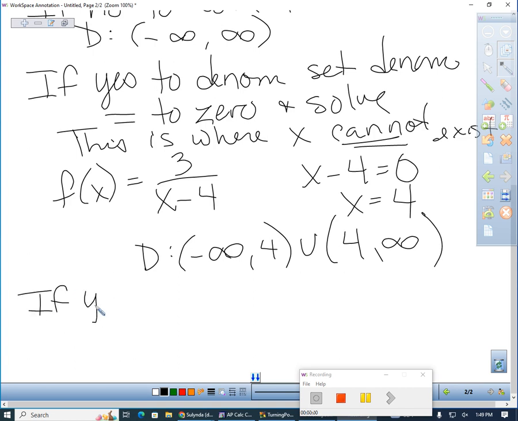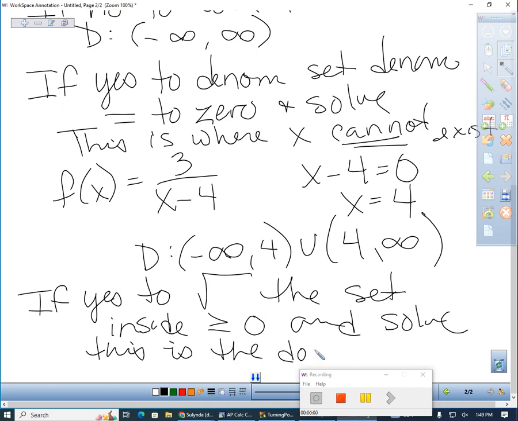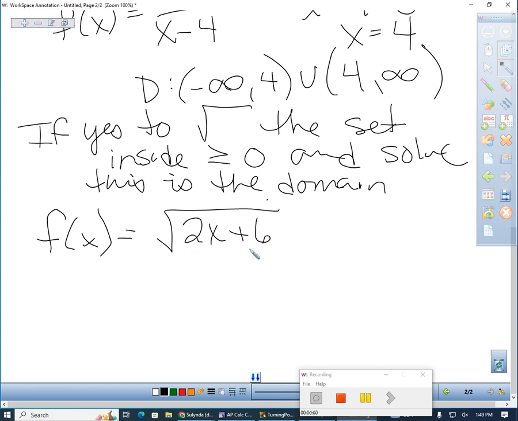If yes to the square root, then set inside greater than or equal to 0 and solve. This is the domain. So what I mean by that one is that if I get f of x equals the square root of 2x plus 6, there is an x inside a square root.